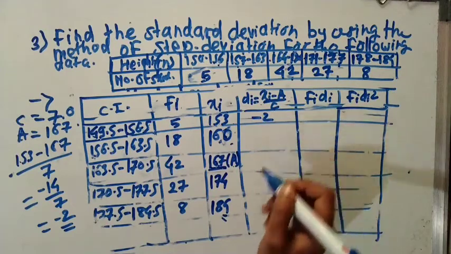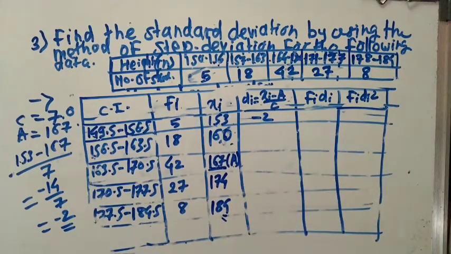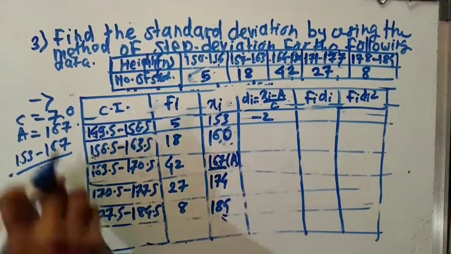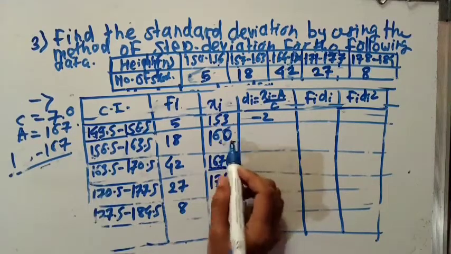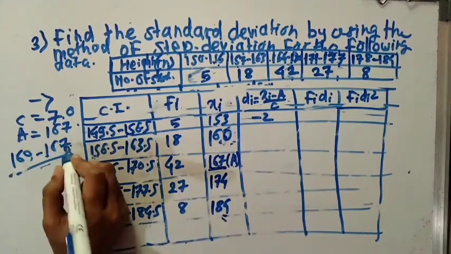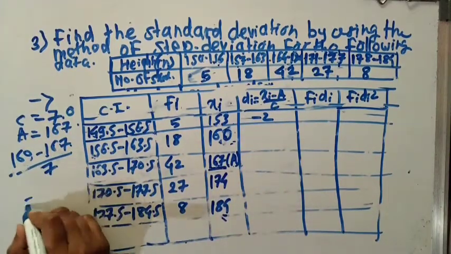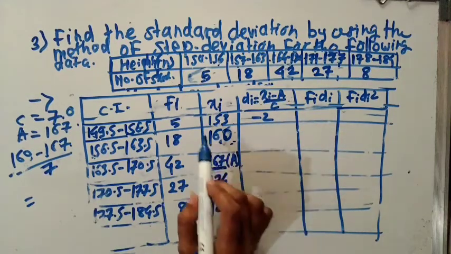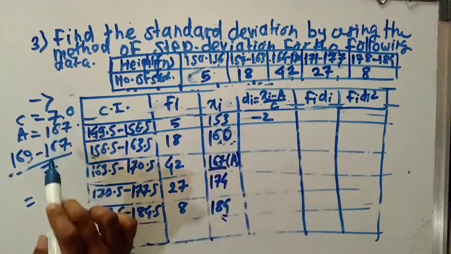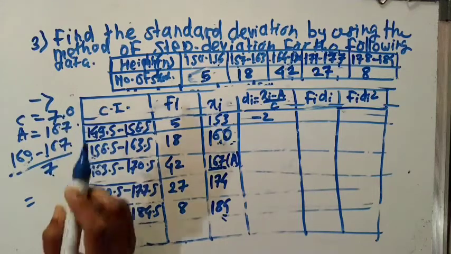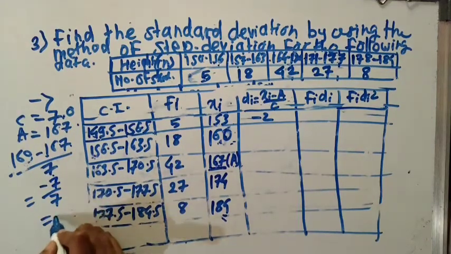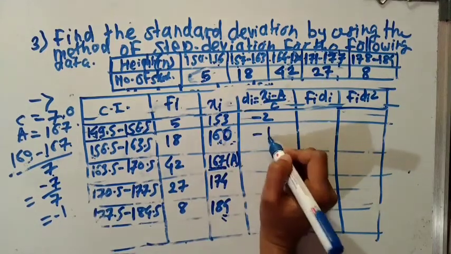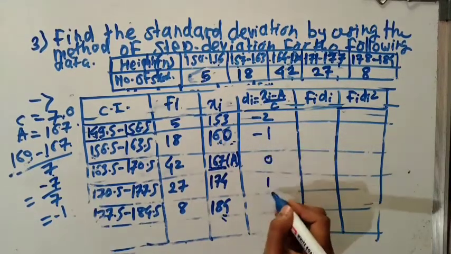Hence di is minus 2. Then find out all these values: 160 minus 167 upon 7 is minus 1.